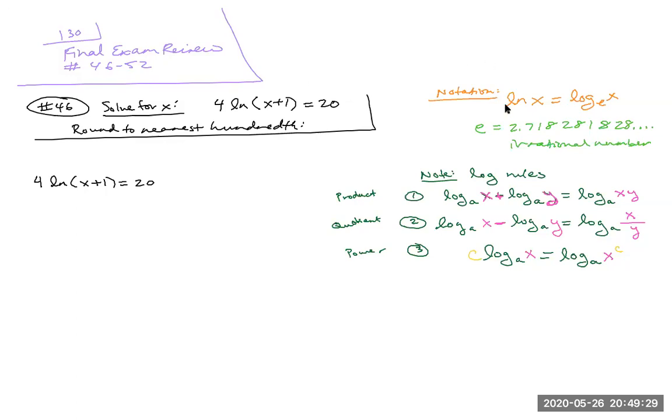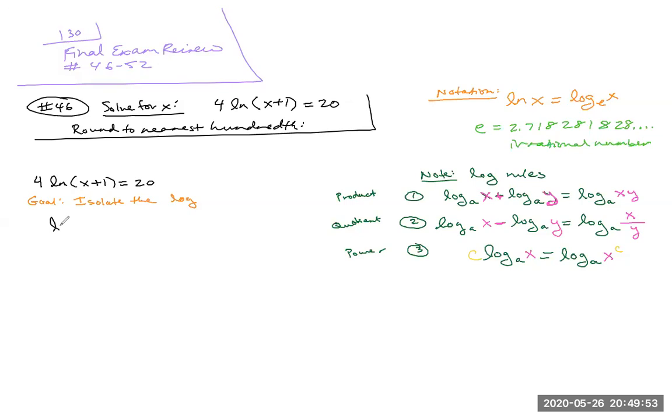So your first goal is to isolate the log. Okay, remember ln is also a type of log, right? So to do that, what we're going to do is divide both sides by 4.